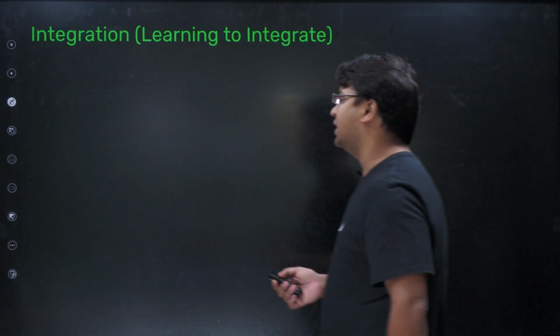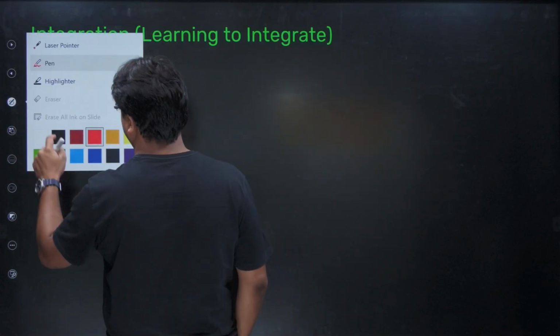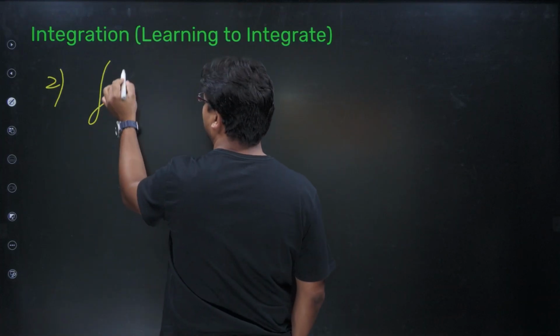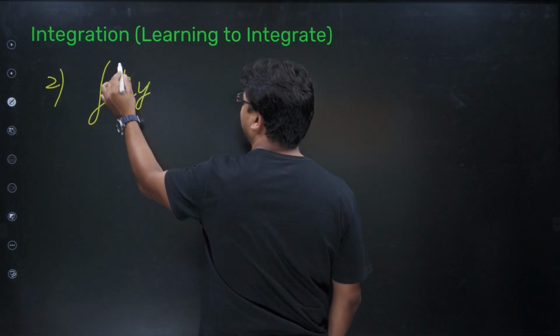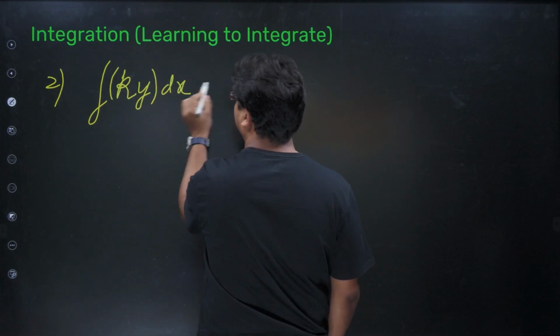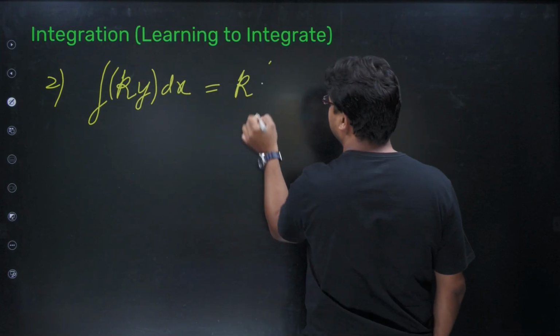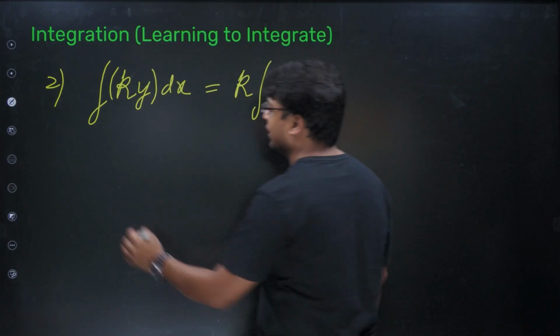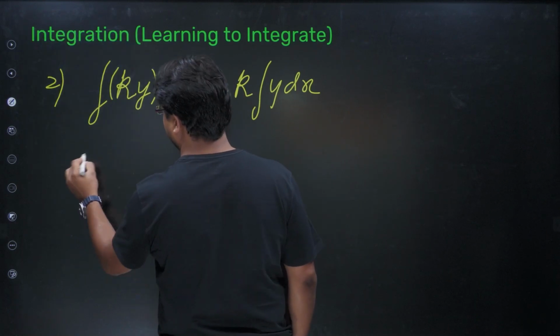The next rule that I want to talk about would be this: integration of a constant times y dx is the same as the constant times integration of y dx. Now what does this mean? Let me give you an example.